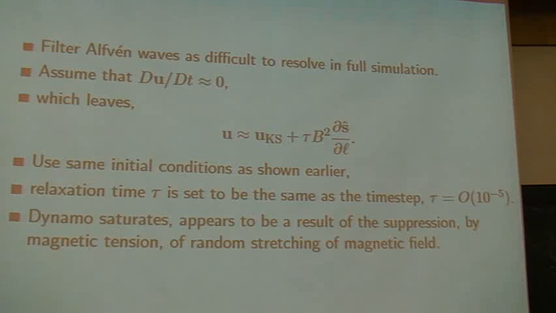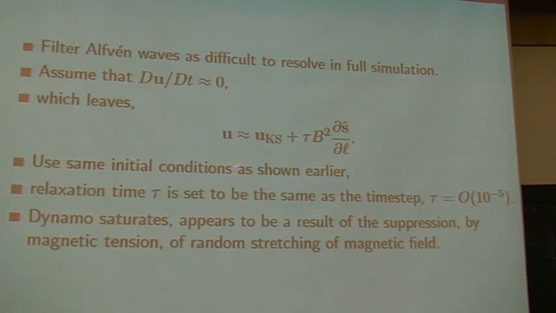Now that we've introduced waves, we try desperately to get rid of them, because in a full simulation, they're very difficult to resolve. And so we set du/dt here equal to 0, so not allowing fluctuations in the velocity. And we get down to this, where it's very similar to this ambipolar diffusion saturation that Candu introduced in, I think, his second lecture.